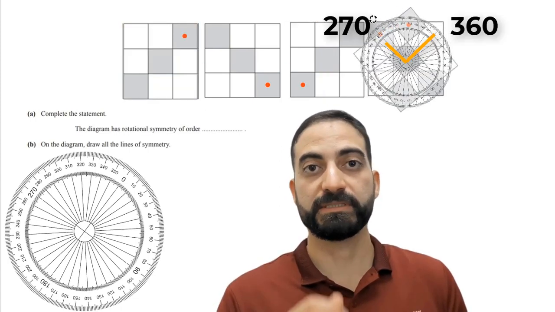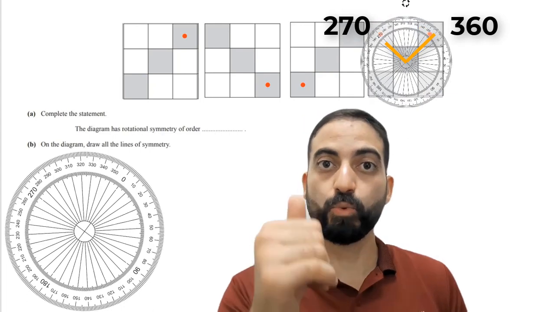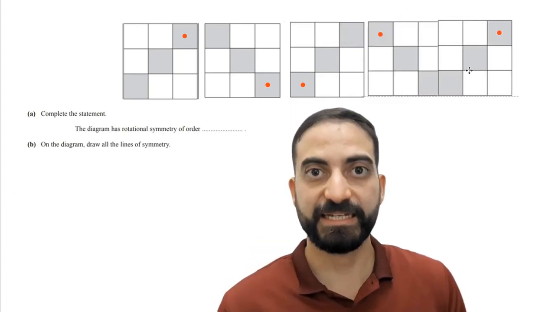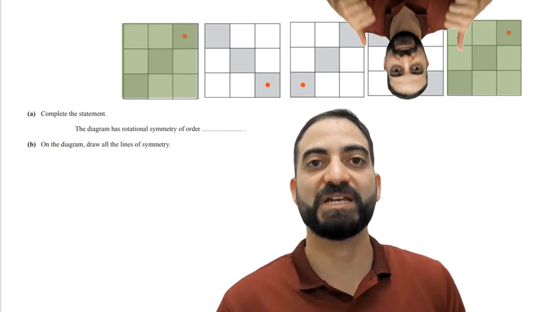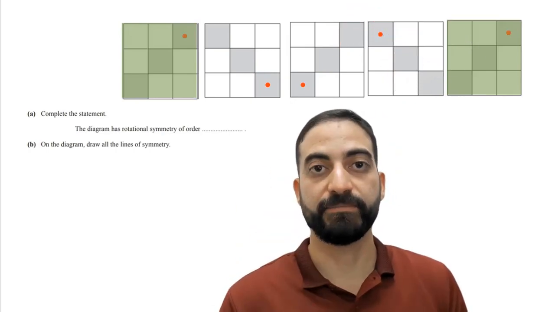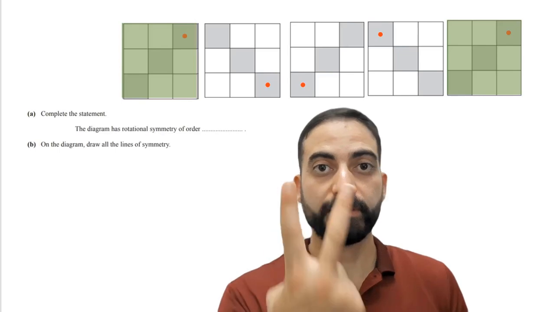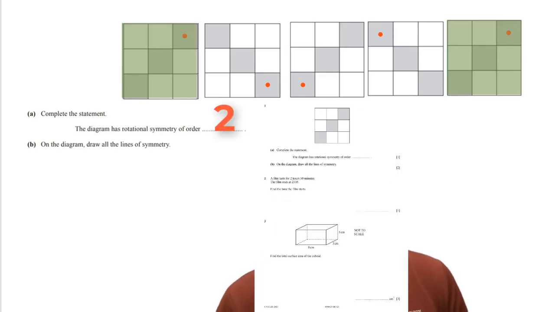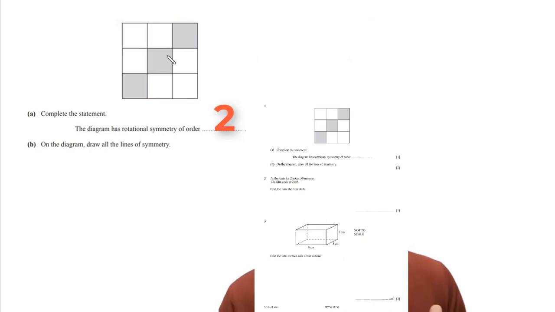And when we rotate it from 270 to 360 degrees, we get the same basic shape, so we also put 1. So the total becomes 2. Therefore, the diagram has rotational symmetry of order 2.